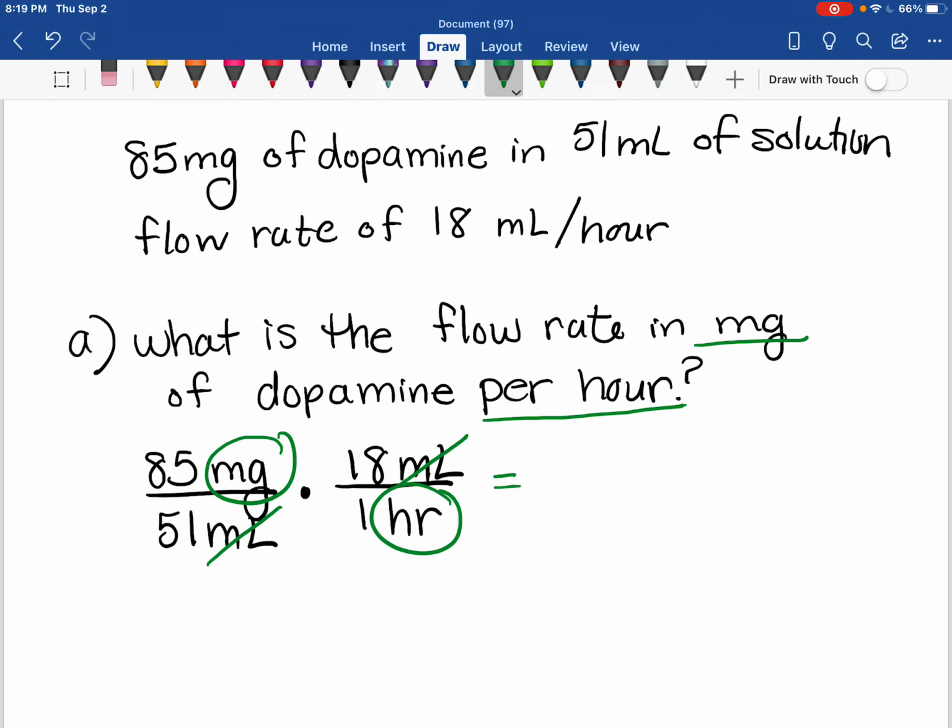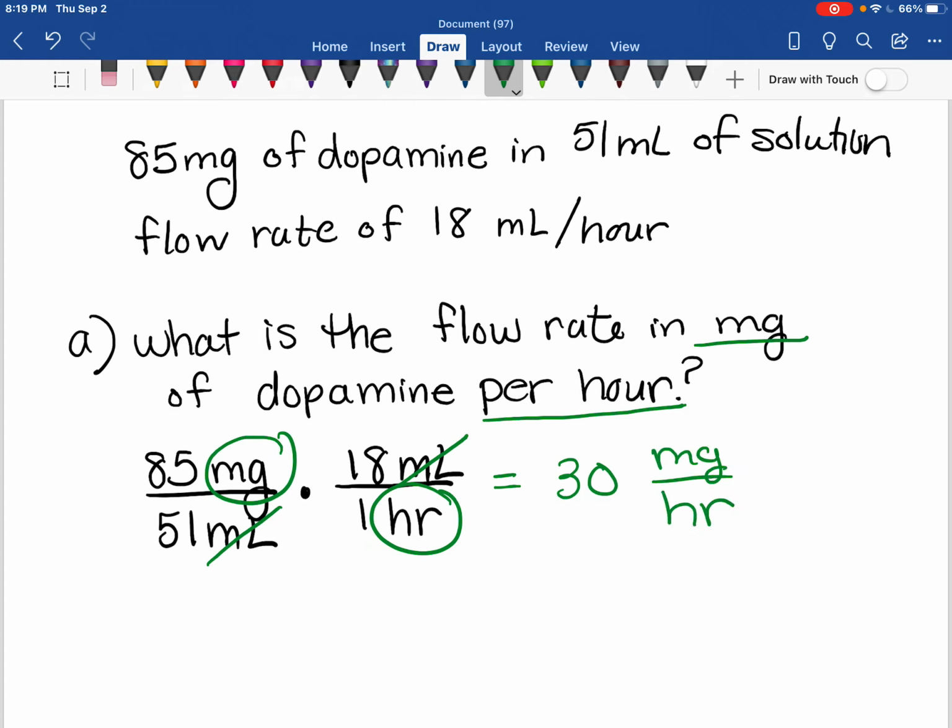So when we multiply that out across the top, you're going to do 85 times 18. Then across the bottom, you're going to do 51 times 1, and then you're going to divide. And when you do that, you're going to get about 30 milligrams per hour.